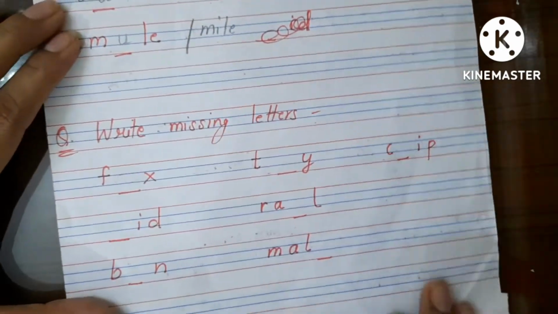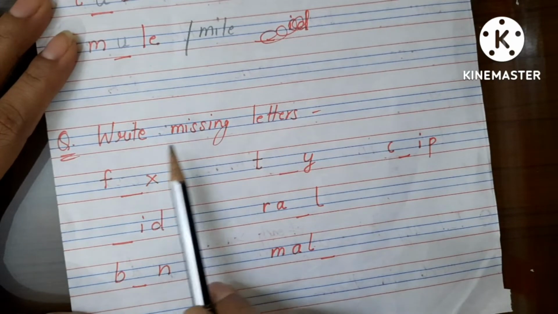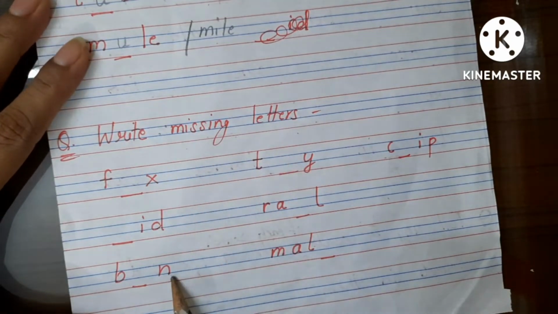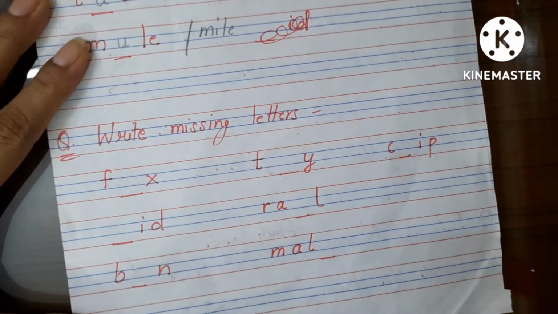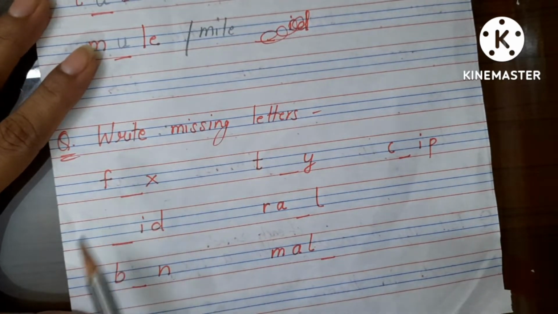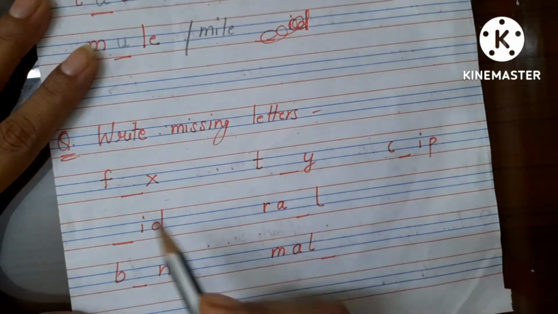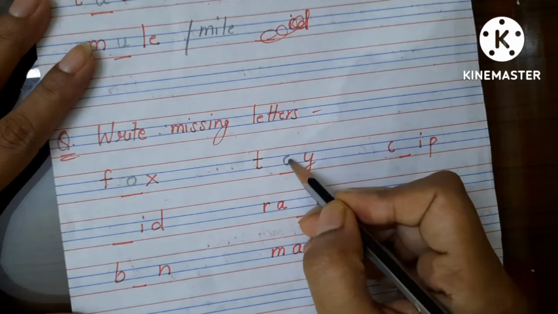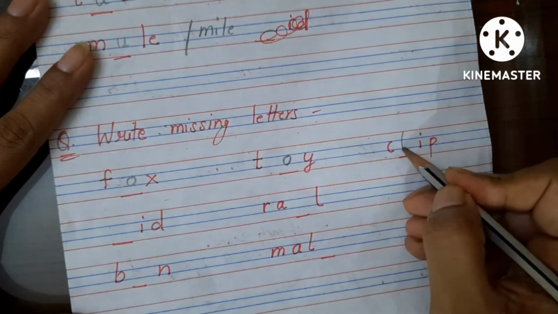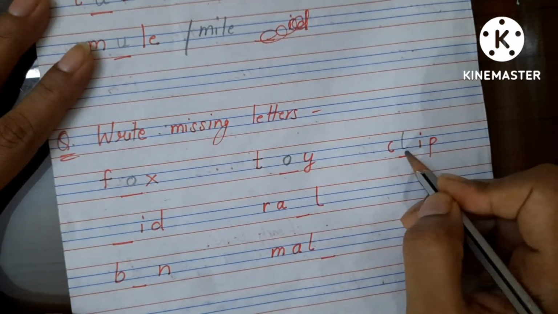Write the missing letters. The previous question we had to fill vowels only, but in this question we can fill vowel or consonant as per the spelling given. So the first is fox, toy, clip. Again, bid.